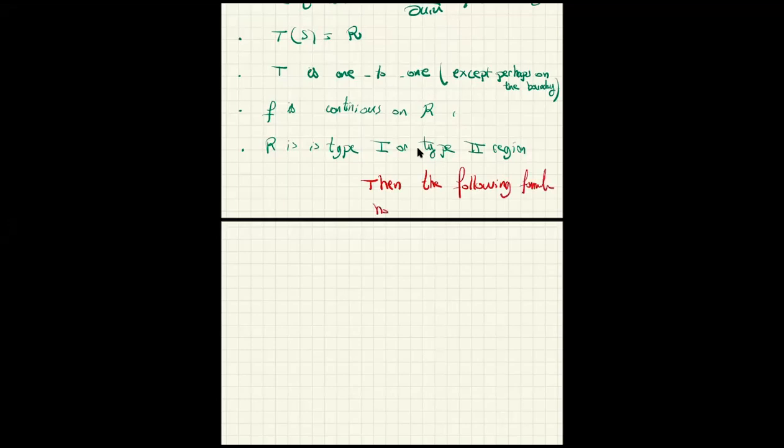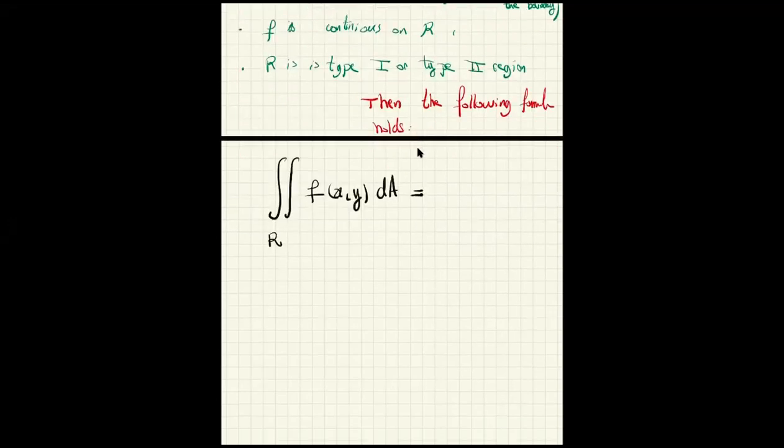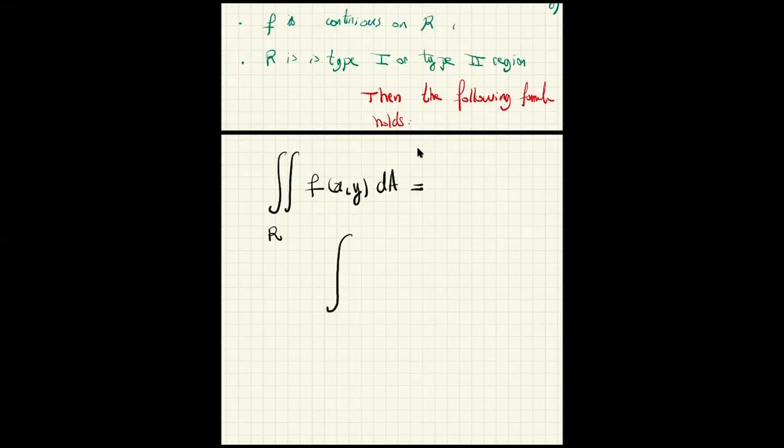holds. And the formula is the integral over a region R of f(x,y) dA is the same as the integral over S of f(x(u,v), y(u,v)) times the absolute value of the Jacobian, if you change the variable.